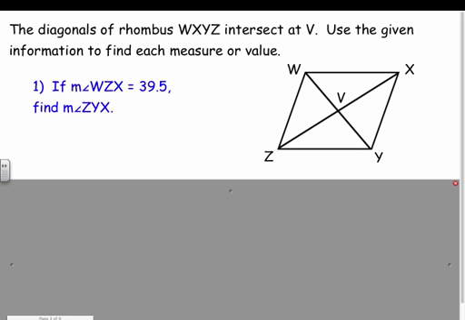Next, it says if angle WZX is 39.5, which is this angle, that's 39.5 degrees. I want to know what angle ZYX is. Where is ZYX? I want to know what this whole angle is. Well, let's break it down.